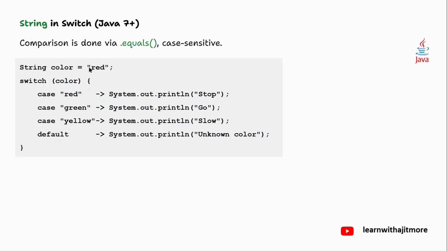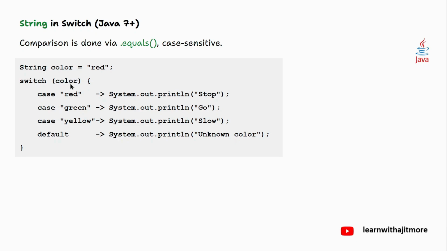Getting it? So from outside you are passing one color as a string color. Then that color dot equals double quote red. So this color object dot equals double quote red. If it is matching, it will execute this statement, that is stop.